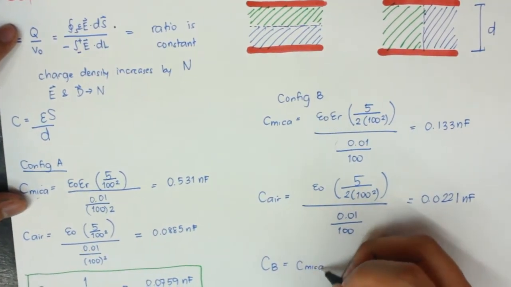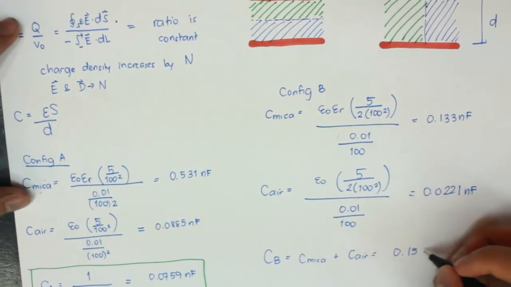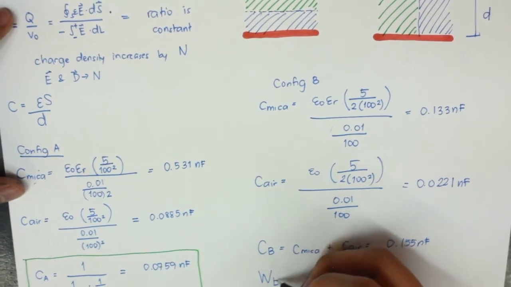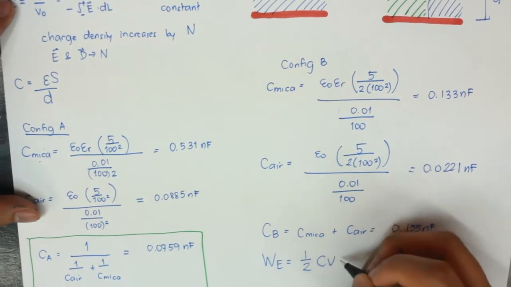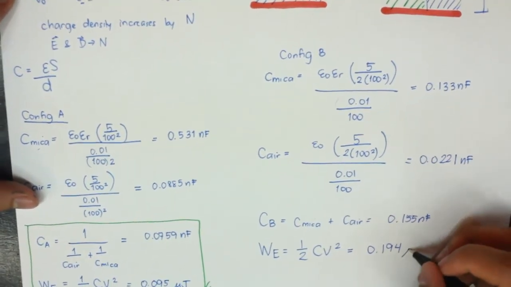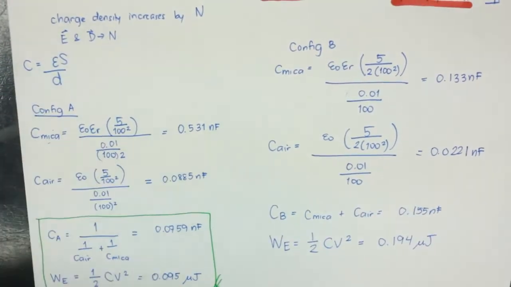So that's just C Mica plus C air, which is equal to 0.155 nanofarads. Then same potential 50 volts, can use 1/2 CV squared. That gives us 0.194 microjoules.